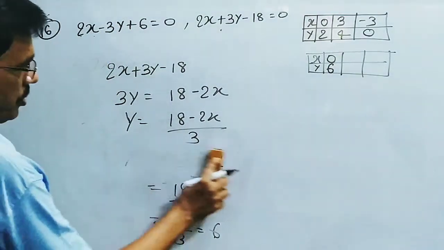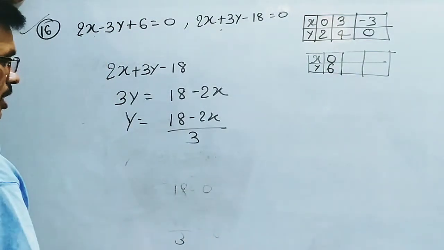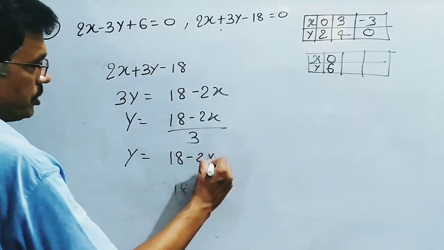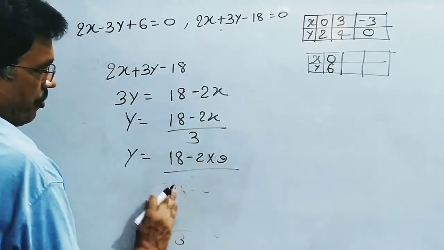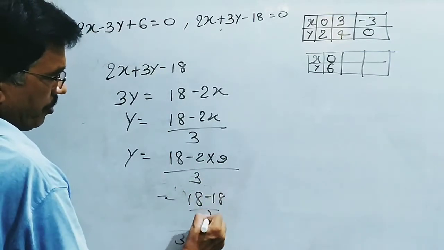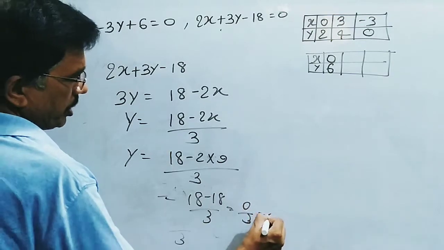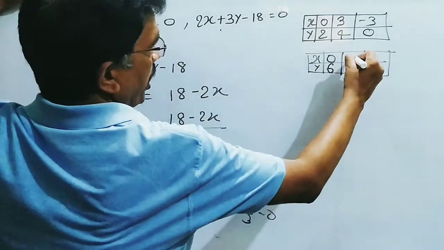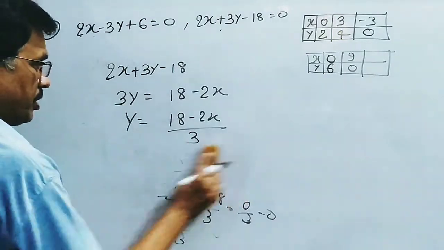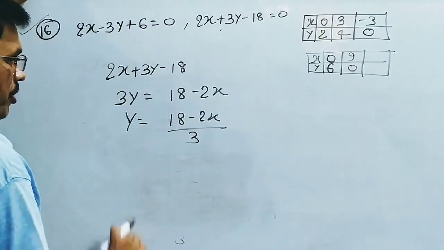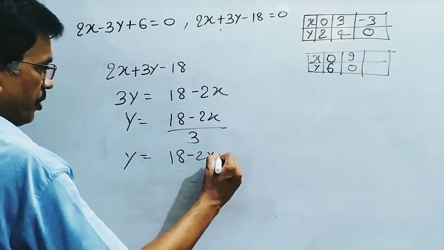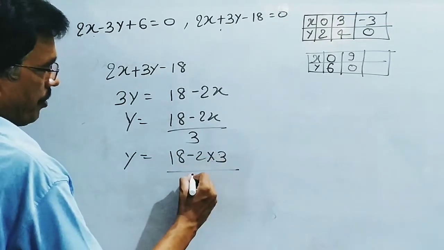Next you write x is 9, what do you get? y is 18 minus 2 into 9 by 3. What do you get? 18 minus 18 by 3, that is 0 by 3, so 0. So x is 9, then y is 0. Third, you write x is equal to 3, so y is 18 minus 2 into 3 by 3.